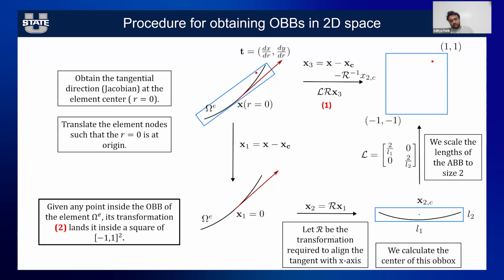So if we multiply these transformations through the process, we can then go directly from the physical space to a space of -1 to 1. And that allows us to find out whether a point is inside the oriented bounding box or not.